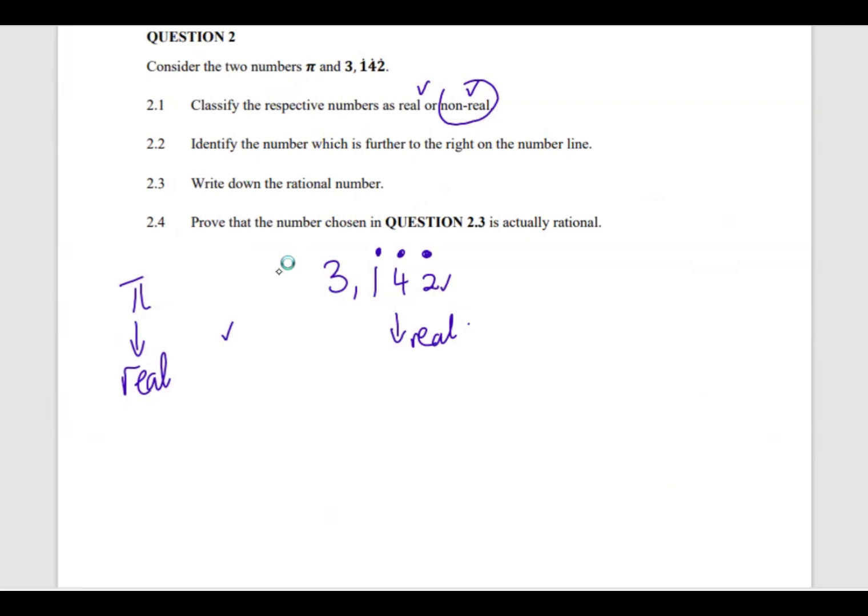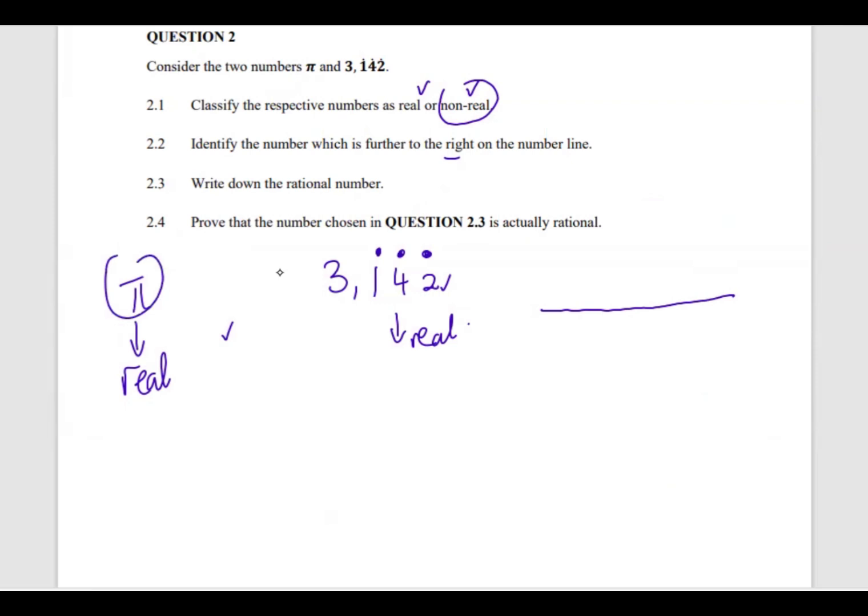Then 2.2, can we identify which number is further to the right on the number line? Which number is further to the right? So in other words, if we were to draw our number line, what is pi in normal sense?